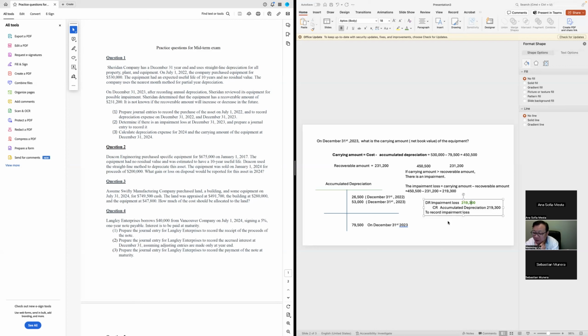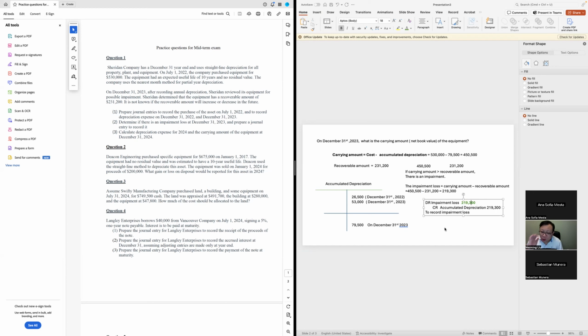On December 31st, 2023, according to the book, the value is 450,500, but that does not reflect reality. In reality, what should the value be that the company needs to adjust to? Is it 231,200? Yeah, that's the whole point.